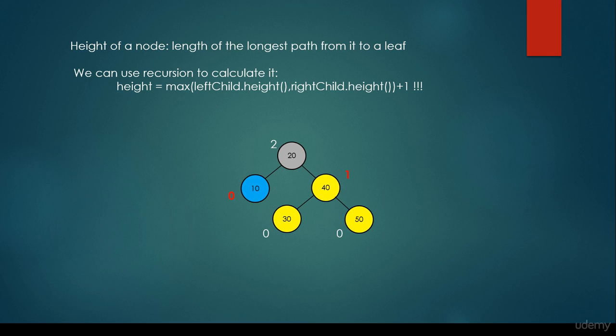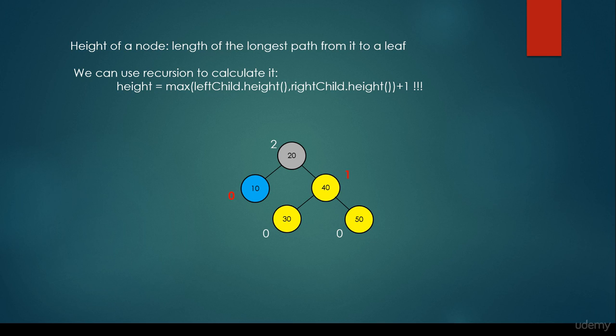What about the root node? The root node has a left subtree. It contains a single node, the vertex 10, and it has a height parameter 0. What about the right subtree? The right subtree contains 3 vertices, and basically the height of the subtree is going to be equal to the height parameter of the root node of this subtree.